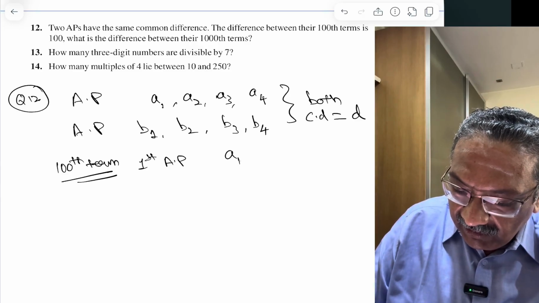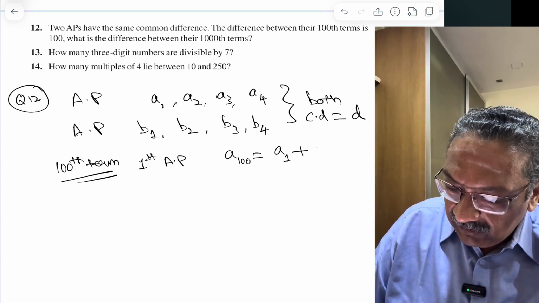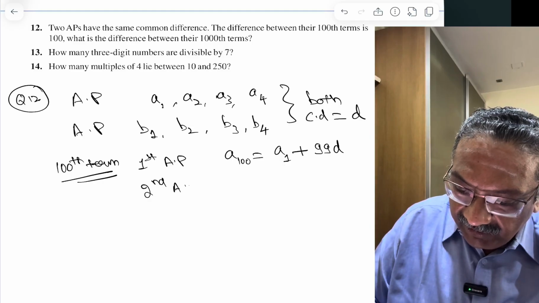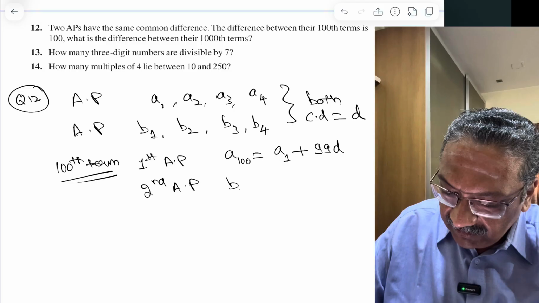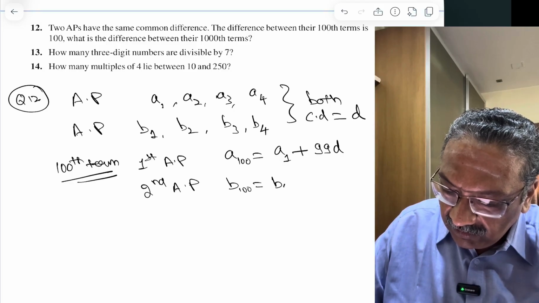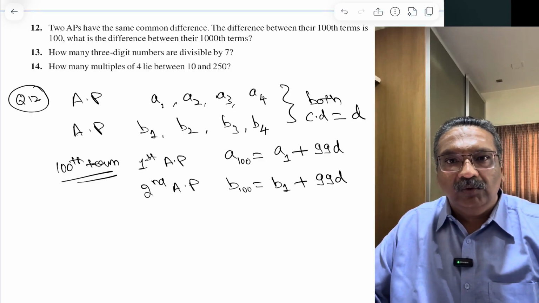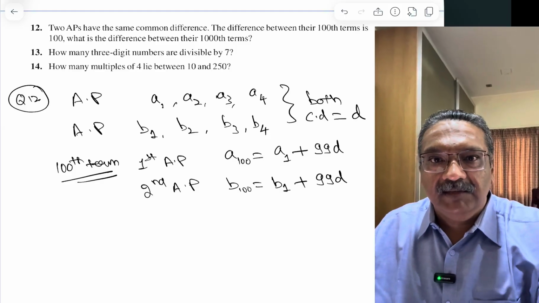A100 is equal to A1 plus 99D. For the second AP, the 100th term, B100, is equal to B1 plus 99D. Note that here only the first term is different, but the common difference is the same in both cases.